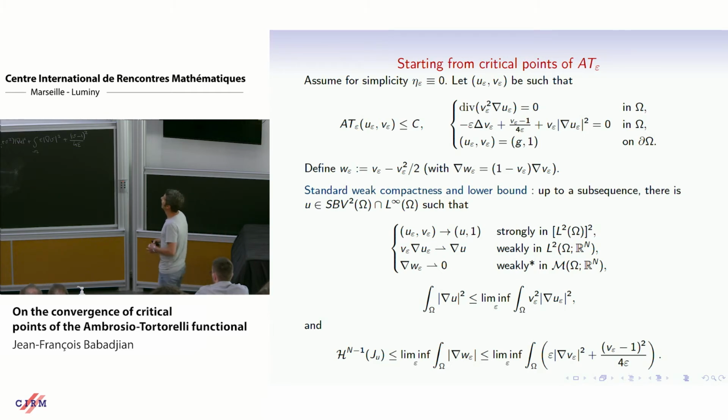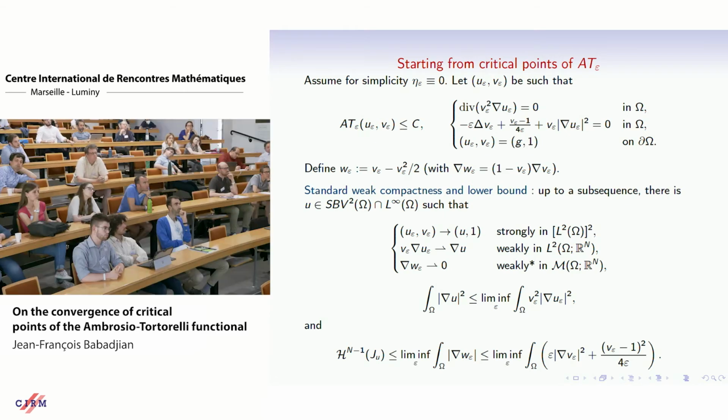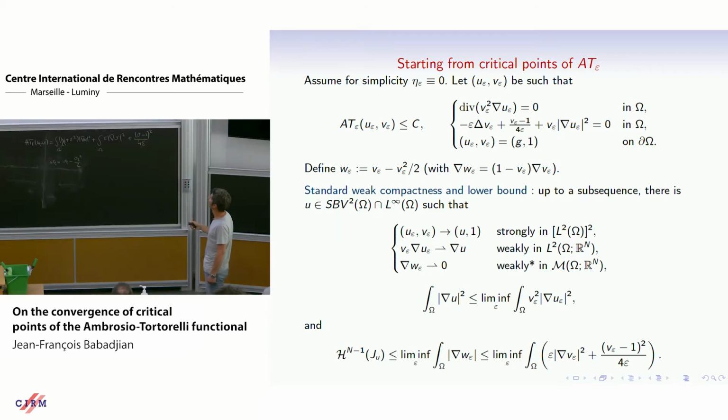Okay, and there is another important quantity in this type of problems, which is the function w_epsilon that I write here, which is v_epsilon minus v_epsilon squared over 2. Okay, and we can show that the gradient of this function will converge to 0 weakly in the sense of measure.